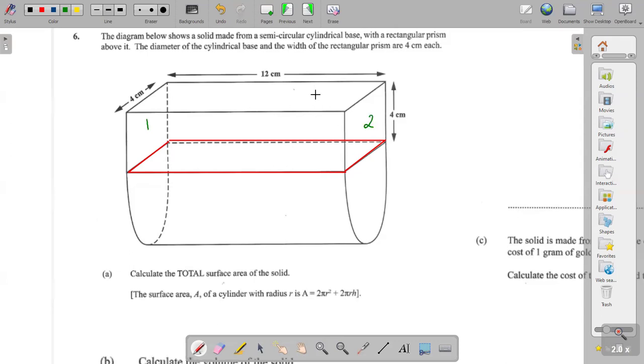Everybody agree? Then the back, which I will count as 3, the top, which is 4, the front, which is 5. Everybody understand why I'm not counting the bottom? I can't count the bottom because the bottom is not exposed at the surface. It is inside, so it's not counted. Everybody with me?